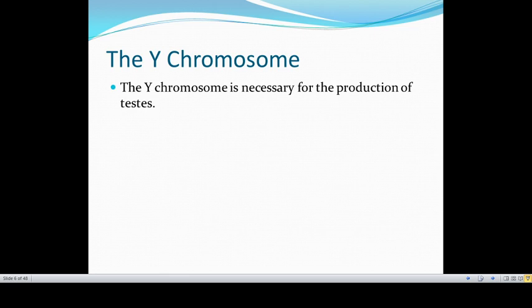In humans and many other mammals, the sex chromosomes are called X and Y chromosome. The Y chromosome is necessary for the production of testes.